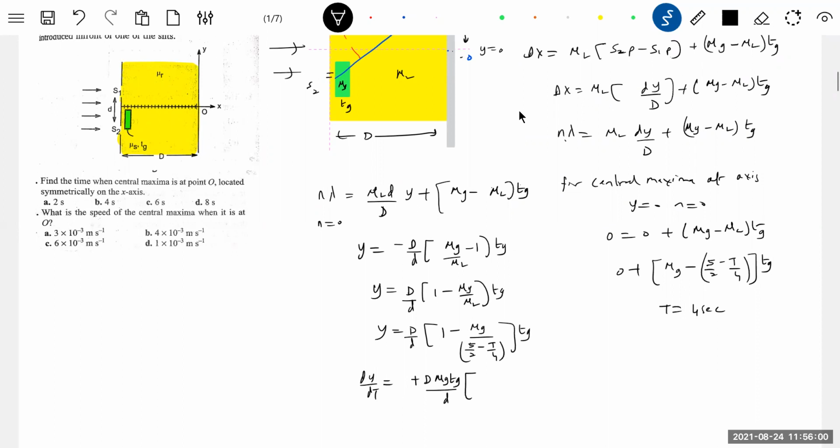We'll keep all these things, minus 1 by 4. It is asking what is the speed of the center when it is at O. So put t equal to 4 seconds, and you'll get the velocity of the central maxima.